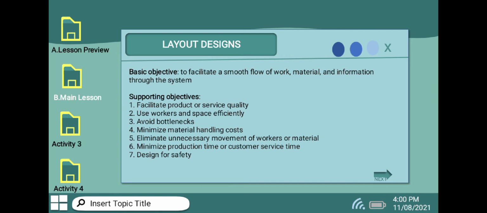And the last one, number 7. Design for safety. All I can say is that this is important because the awareness of the positive impact safety professionals can have on design seems to have eluded engineers, myself included, in the past.